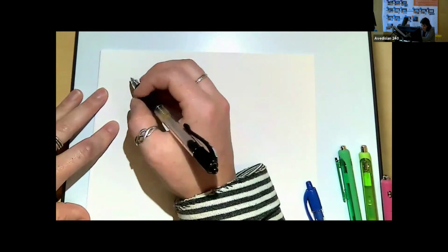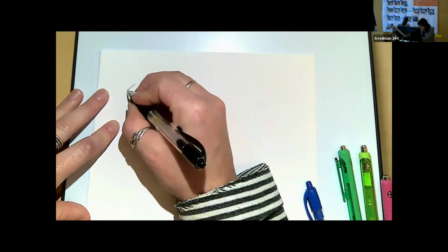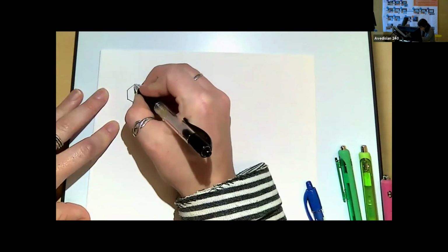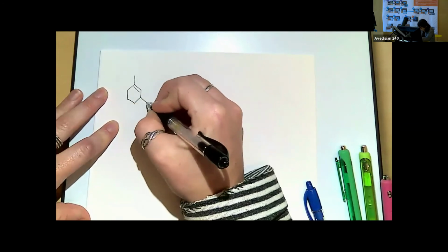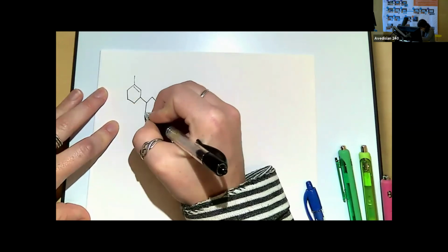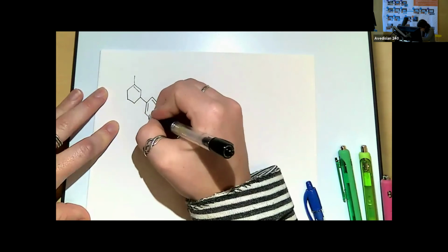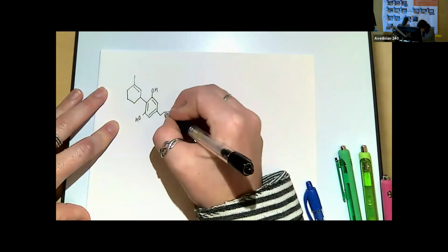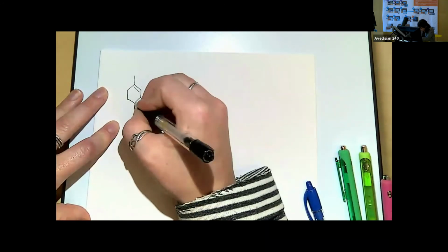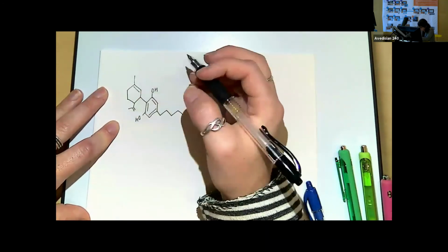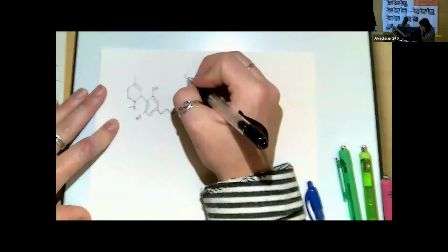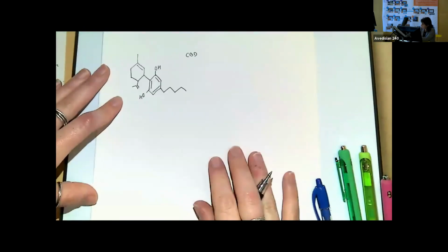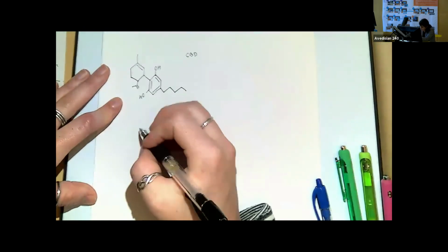So we have cannabidiol, or CBD. And then we have our THC.